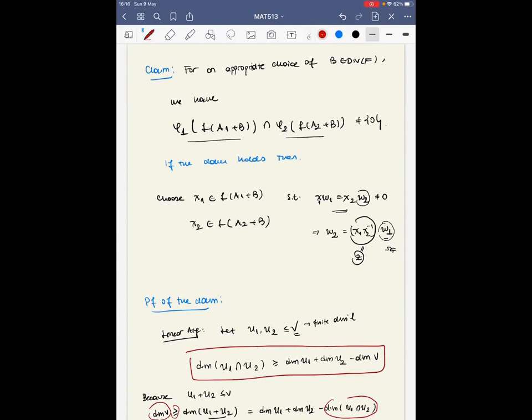So if we replace U1 by this vector space, its dimension is going to be the dimension of the Riemann-Roch space of the divisor A1 plus B because of the injectivity of phi 1. And similarly, if we replace U2 by this vector space, and if we are able to see that its dimension is bigger than or equal to 1, we can say that the intersection is not the trivial space.